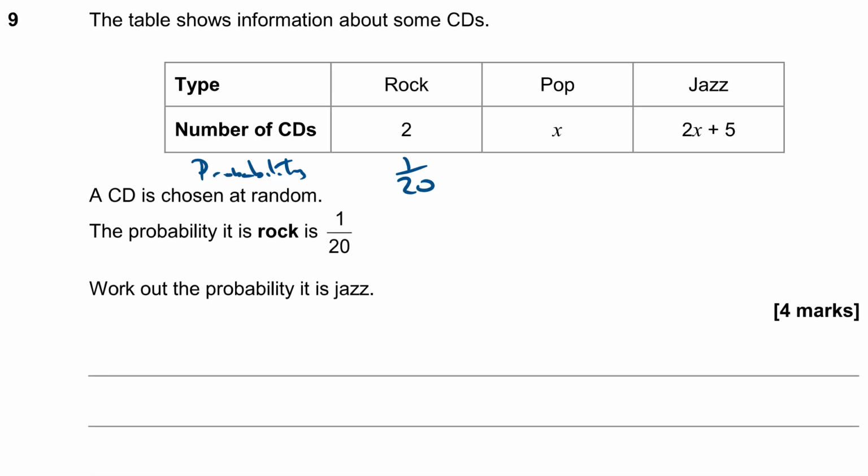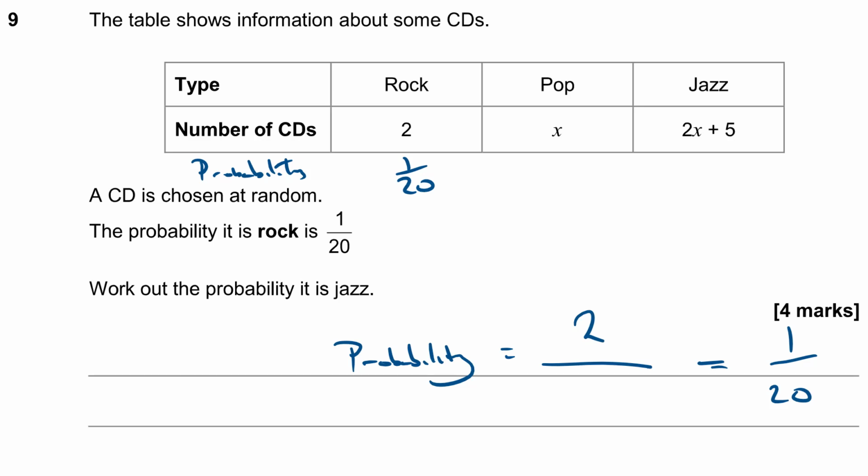So what does that tell us? Probability is successful outcomes over total outcomes. There are 2 rock CDs, and we know that the probability is 1 over 20.